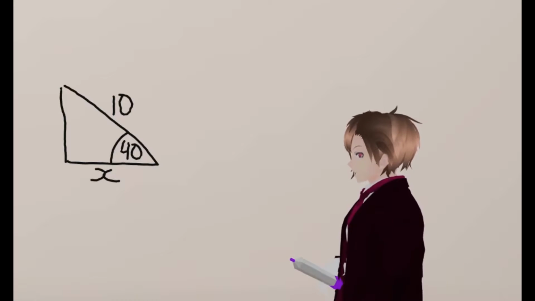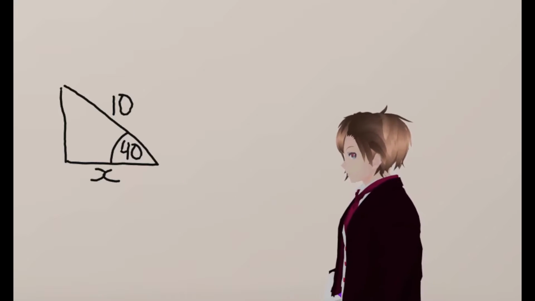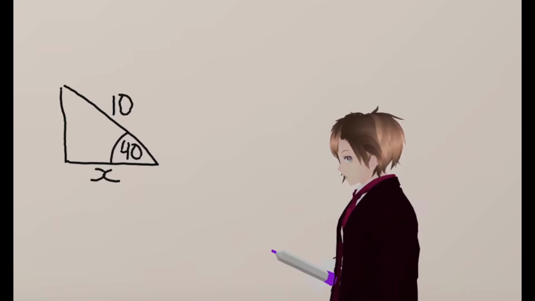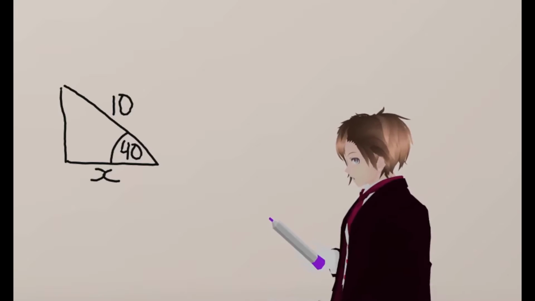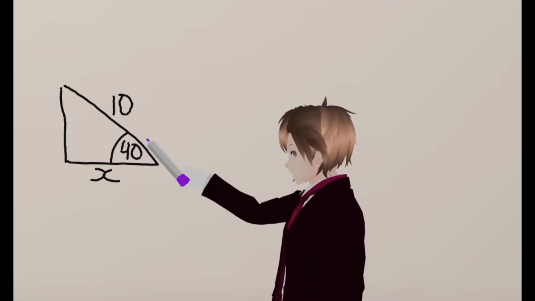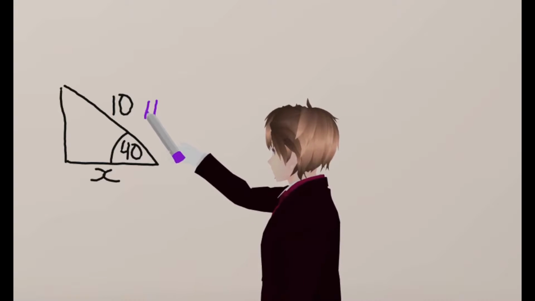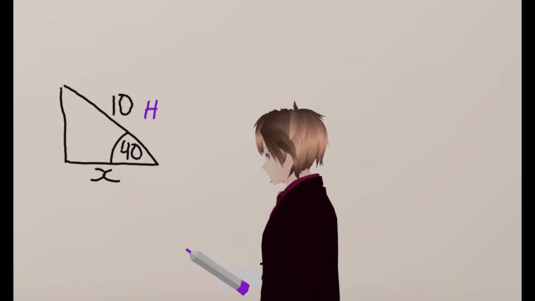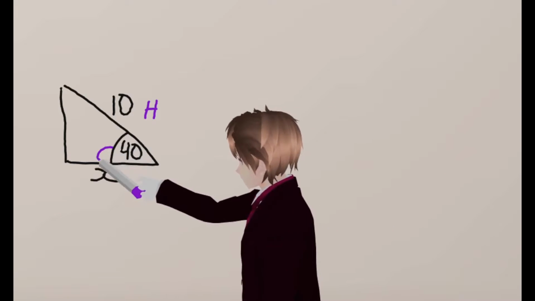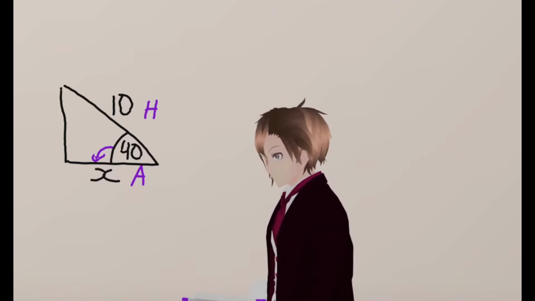Here is my right angle triangle. You can see we are looking at two sides and we have an angle. So what are we trying to find? We are trying to find this side. This side here we can see is the diagonal, so this is the hypotenuse, so this is h. Now what's this side? Well, this side is next to the angle, so that's going to be our adjacent.